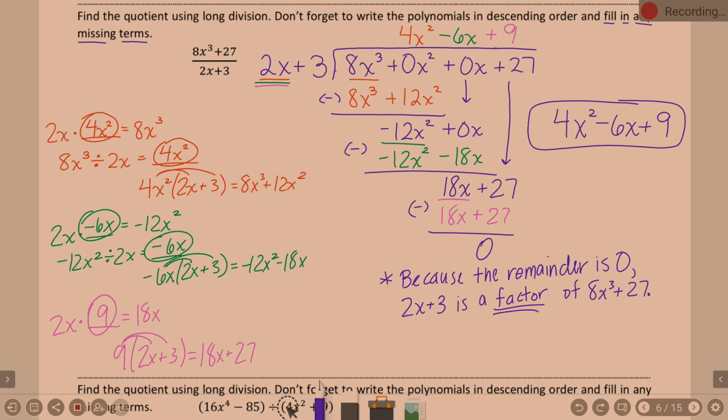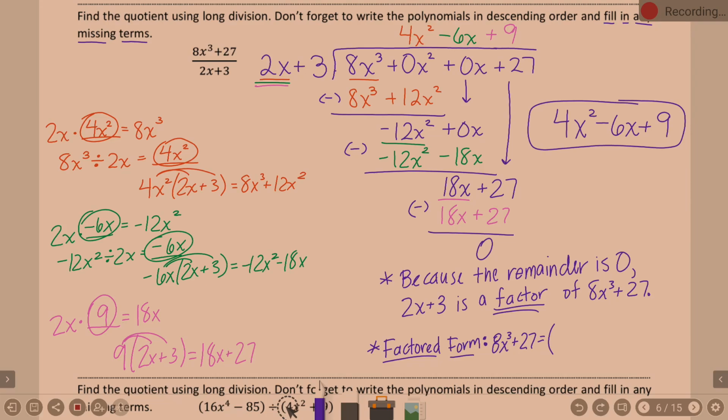The other thing I want to mention here, because I believe in homework it'll be then, if it is a factor, write it in factored form. Okay, well, factored form here means that 8x cubed plus 27 breaks into the two factors it divides by.